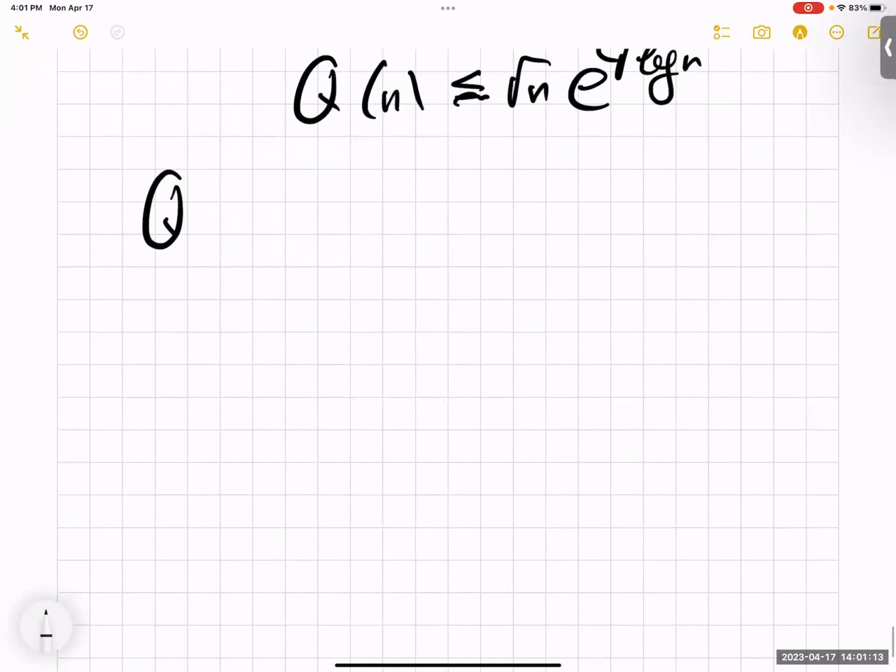So the question that I want to ask is, what are the parameters here?